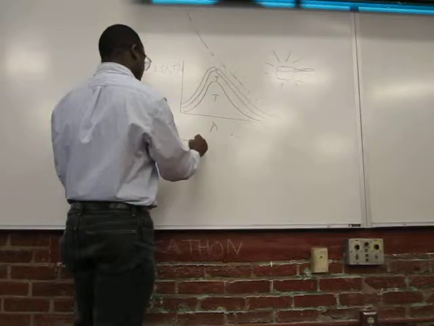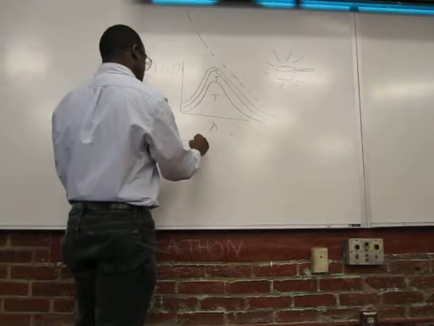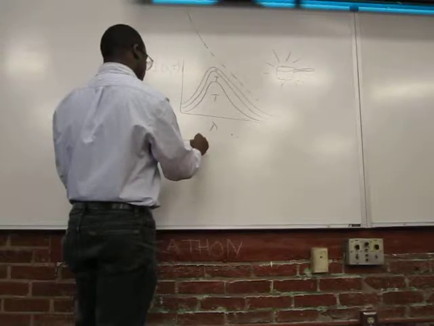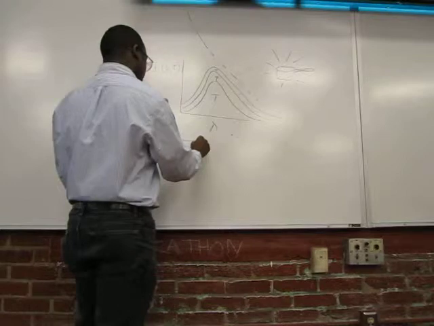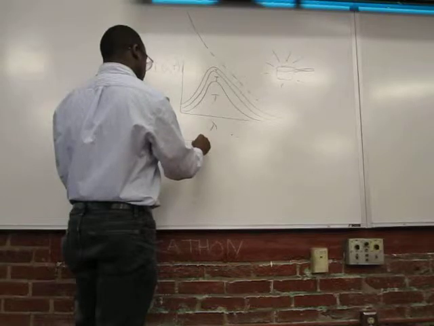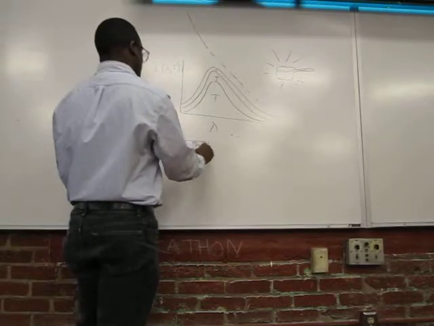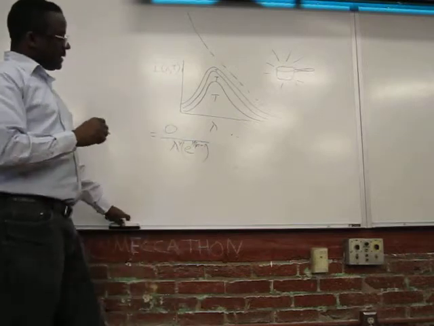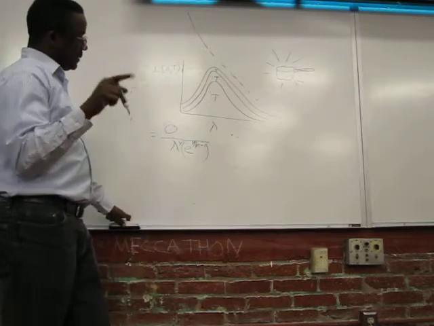It was E raised to hf divided by beta T, I think something like this, minus 1. You can look that up in some of your other books. I don't think it's in your book.